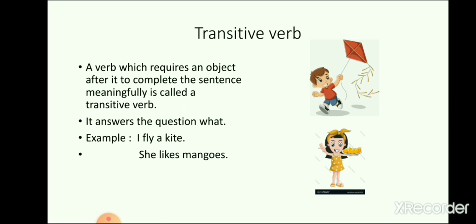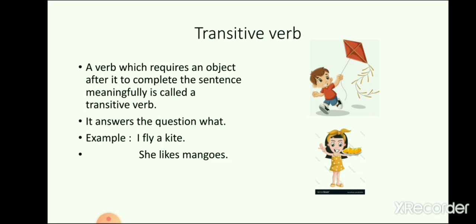Next, she likes mangoes. If you have only she likes, is it giving you any meaning? No. You need something added to the verb to make the sentence meaningful. So, she likes mangoes.